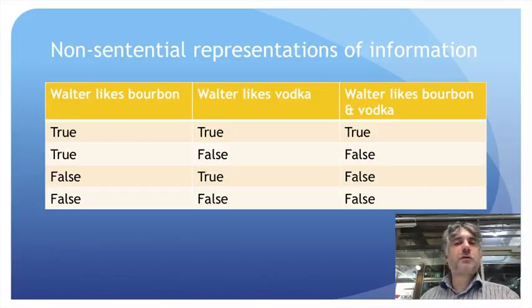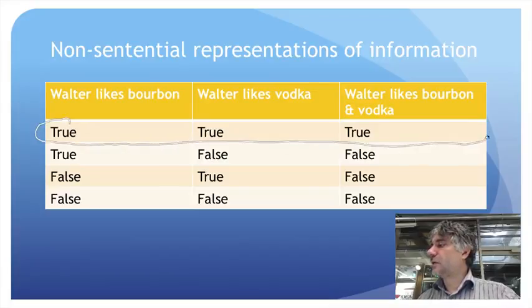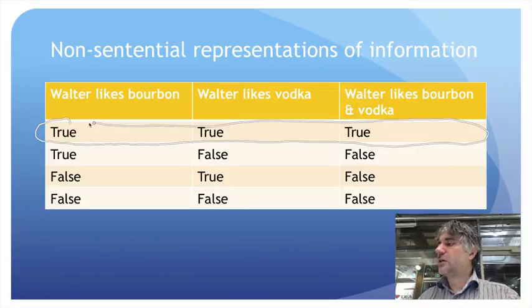And now what we can do, once we have this truth table that shows how the truth or falsity of the conjunction depends on the truth or falsity of each of the conjuncts, is circle a particular line of that truth table to indicate that this is the situation that we're actually in.